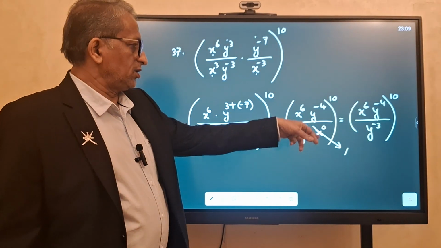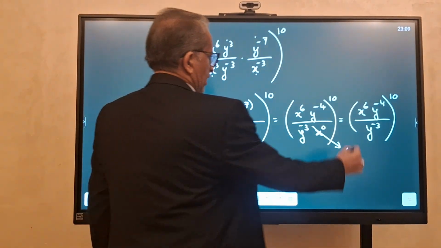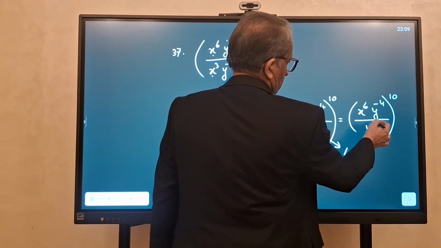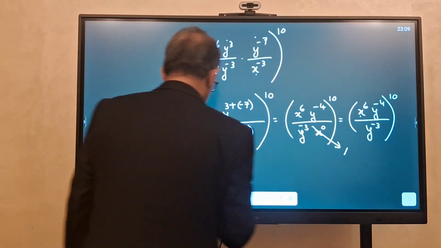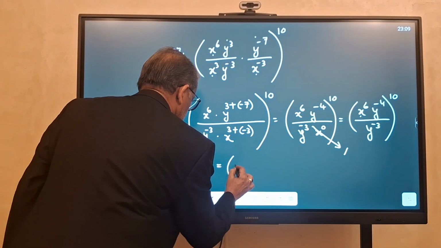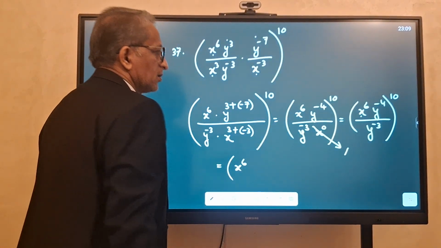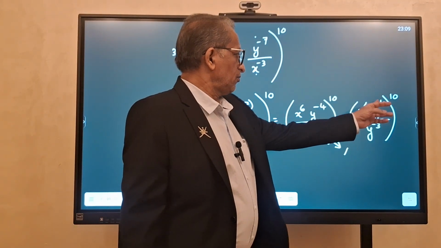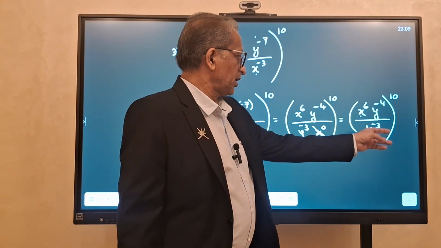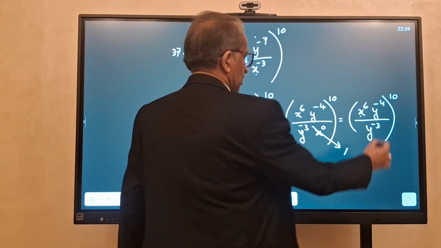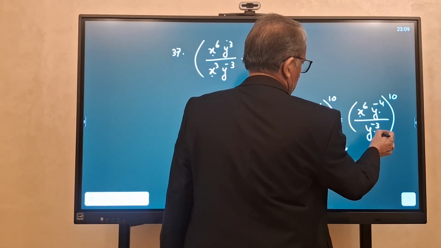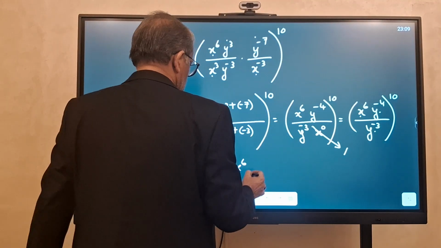Now we are left with three index numbers: x6, y minus 4, y minus 3. This I can't do anything, so I will write as it is, x6. Now y power minus 4, y power minus 3 I can simplify, as they are up and down. In the same way, I can apply the rule number 2.